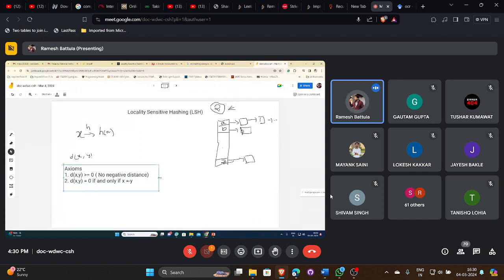Next, the third point: d of x comma y is equal to d of y comma x. It helps us to measure distance symmetry.